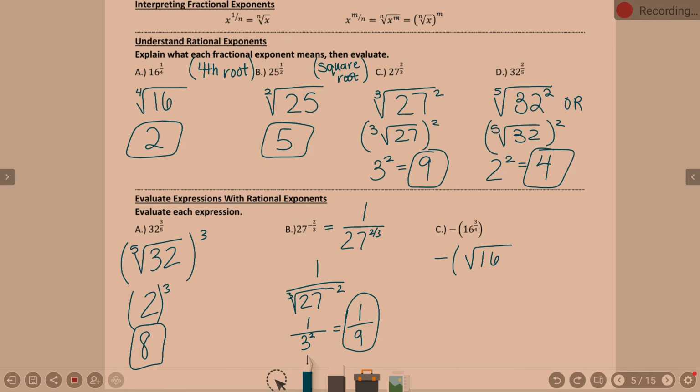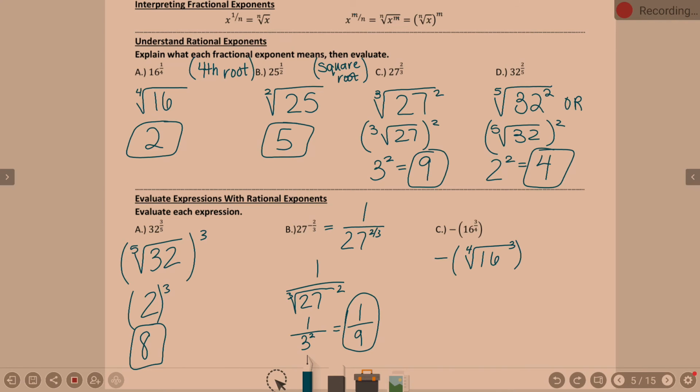16 goes under the radical. What's my root here that we're doing? Well, the denominator is 4, so it's going to be the 4th root. What's the power we're going to raise it to? 3, because the numerator is 3.